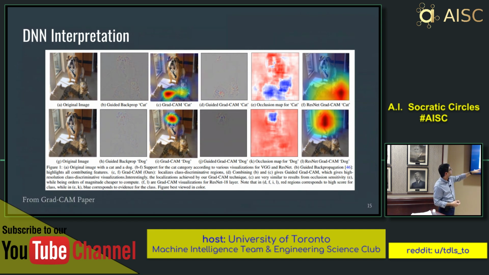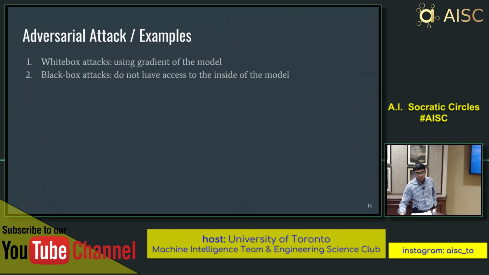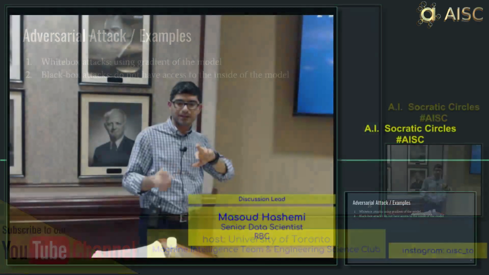Or the area that ResNet is looking at is different from the area that VGG is looking at. Exactly. So I want to say that the interpretation is algorithm dependent as well.